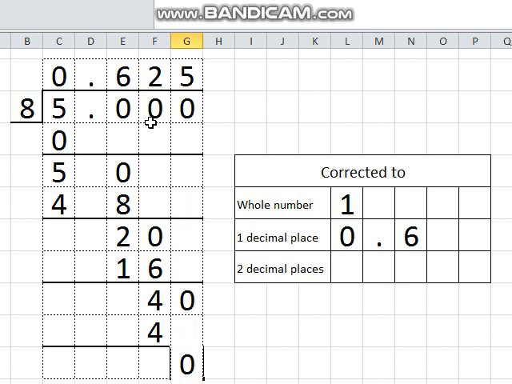When you minus, you have 0, so you cannot move forward again. So this is 0.625, and when you want to correct to 2 decimal places, this becomes 0.63, because this is 5, so you round it up.